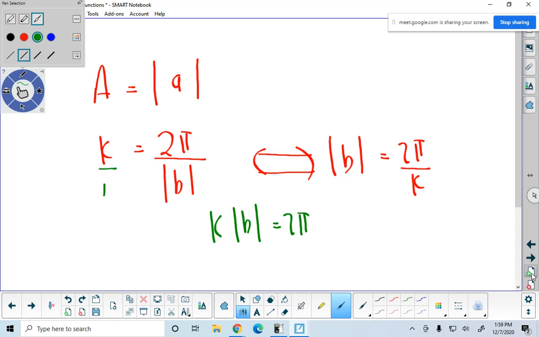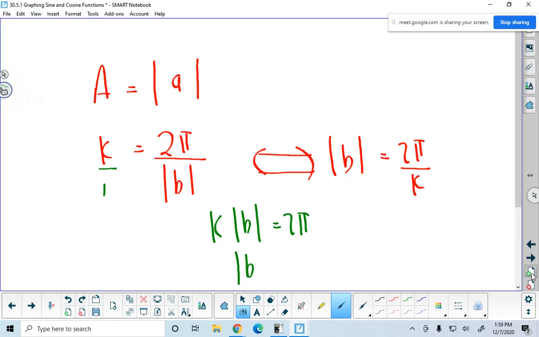And if you divided both sides by K, you would get B equals 2 pi over K. So not only is the period 2 pi divided by the parameter B, the parameter B is 2 pi divided by the period.